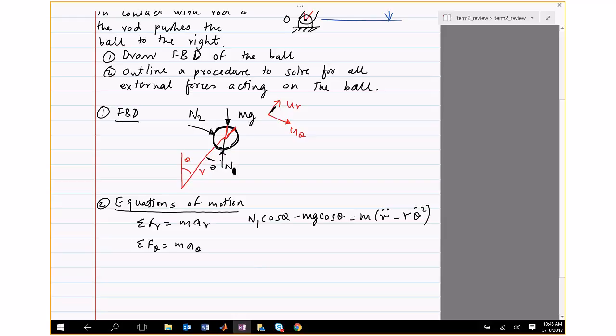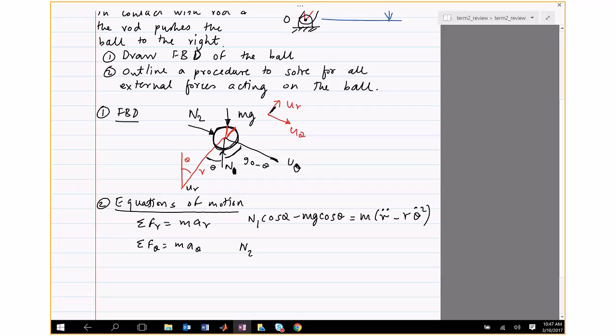N2 acts along positive u theta, so that's positive N2. N1 and mg act at an angle to theta. This angle is 90 minus theta, because ur is this way, u theta is along this, so the angle between r and theta is 90.